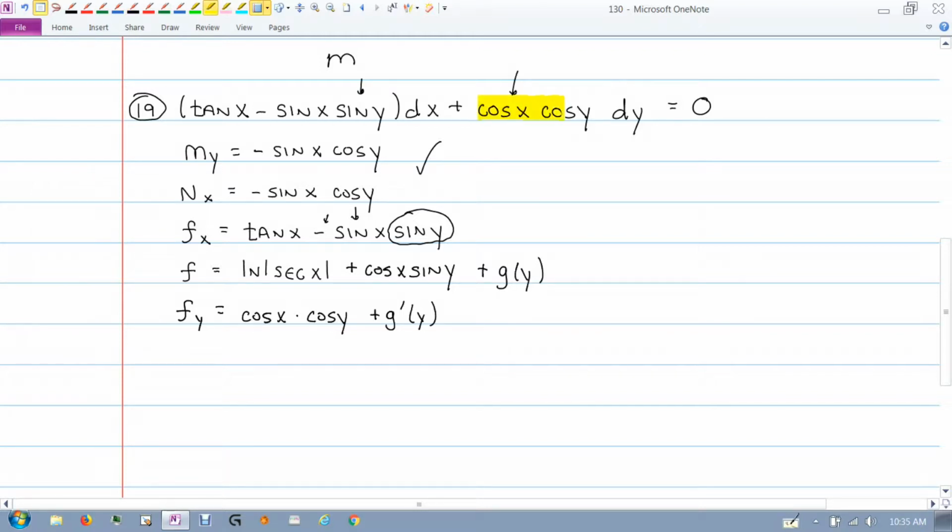What we're missing is cosine x cosine y, but that's exactly what we have here, which means g prime of y is 0, which means g of y is a constant. We've already seen that whenever this happens, we just ignore it, because this is going to equal a constant anyway. So that's our answer: natural log of secant x plus cosine x sine y equals a constant.